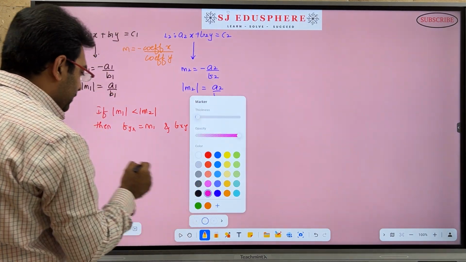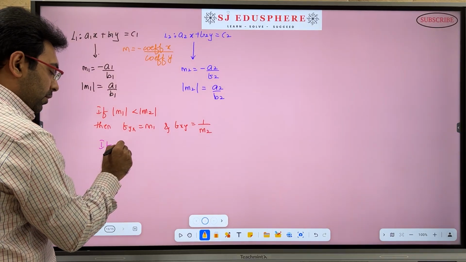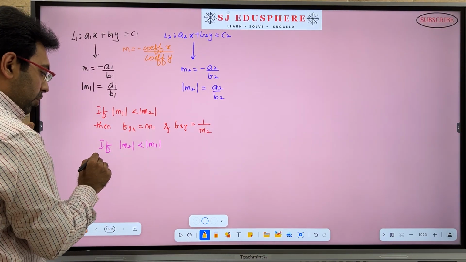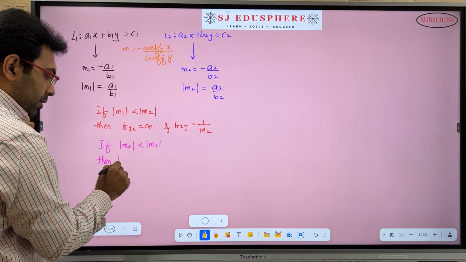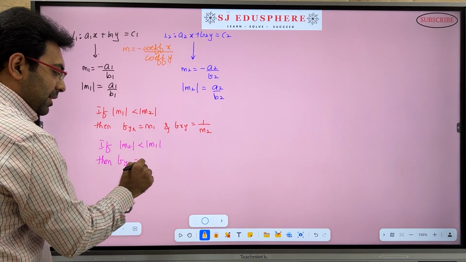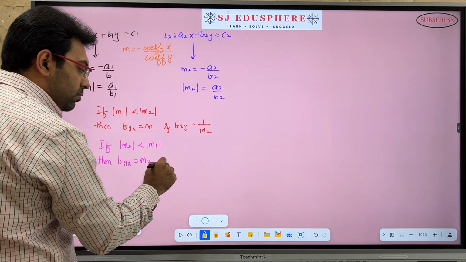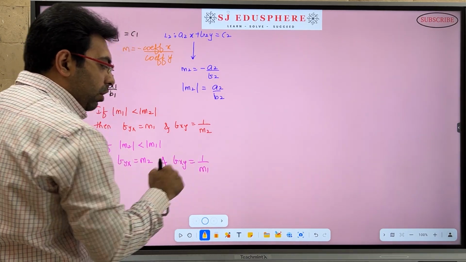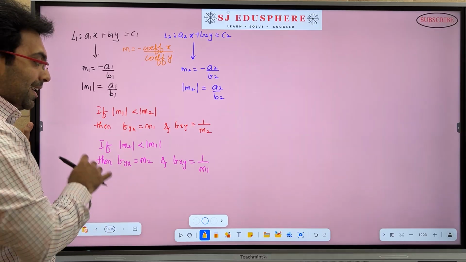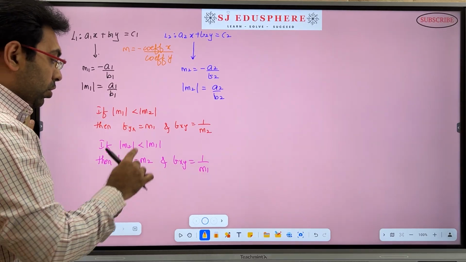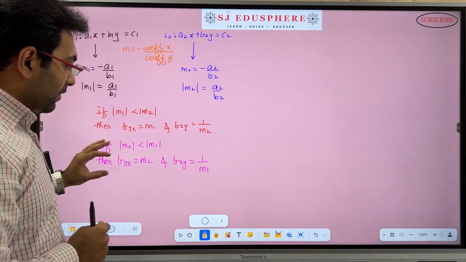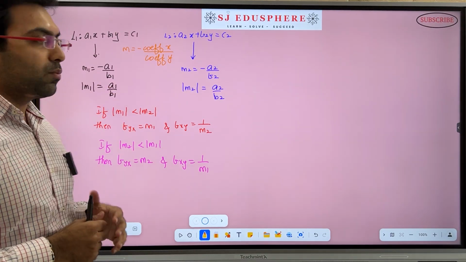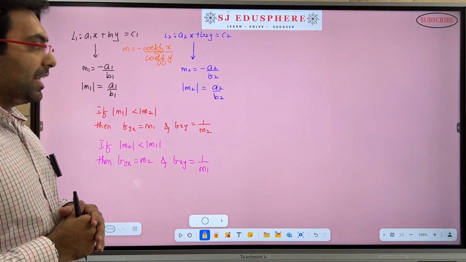Similarly, if modulus of m2 is less than modulus m1, then byx is the original smaller value and bxy is the reciprocal of the original bigger value. This will help you to get the values of byx, bxy, and to identify which line is y on x and which line is x on y.